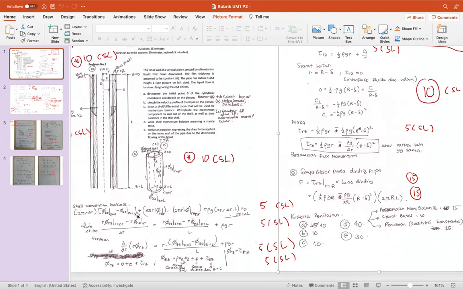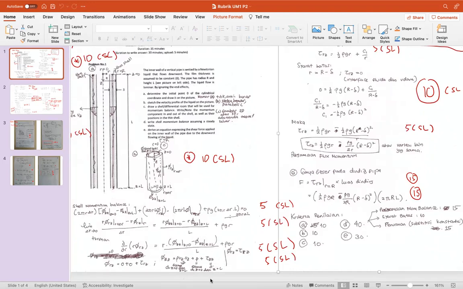It is of course similar to the cylindrical tube, so even if it is open book, you can just open the book or the notes or the PPT and check it, or try it by yourself like this. And then we also learn about the pressure and also the viscosity.